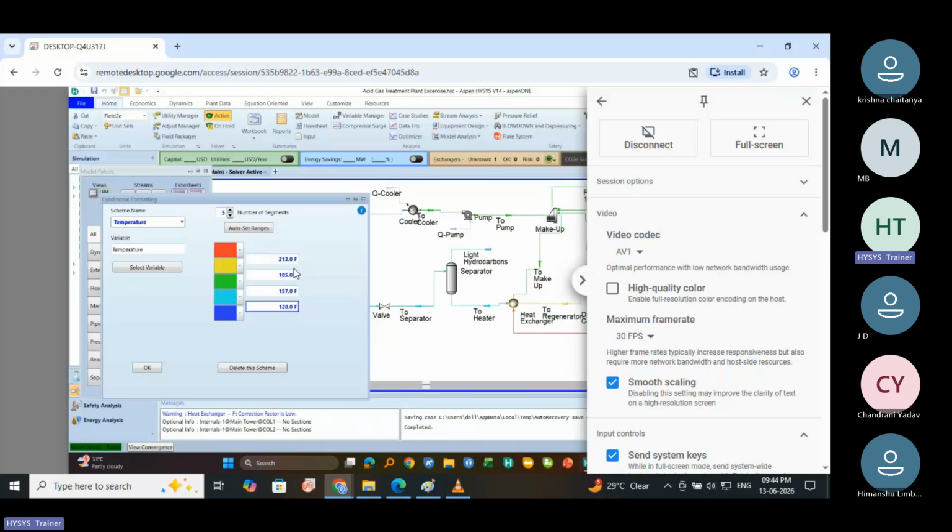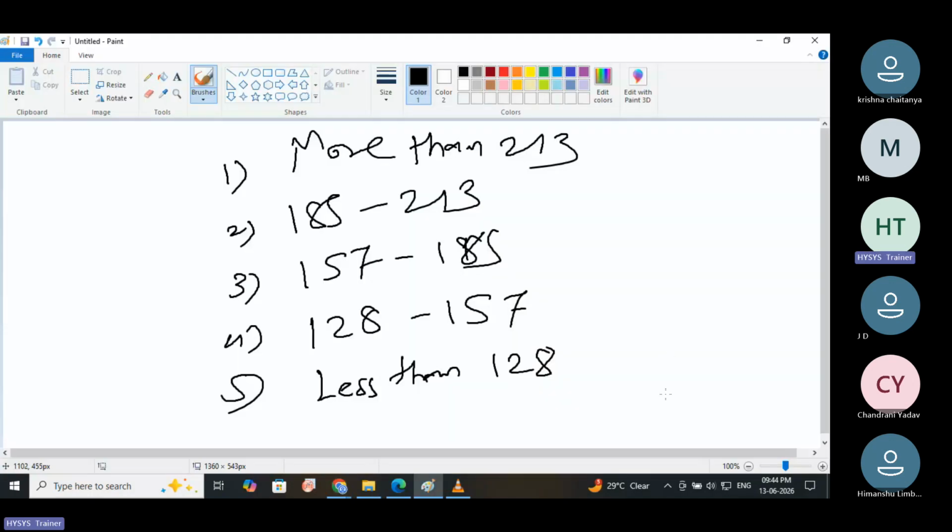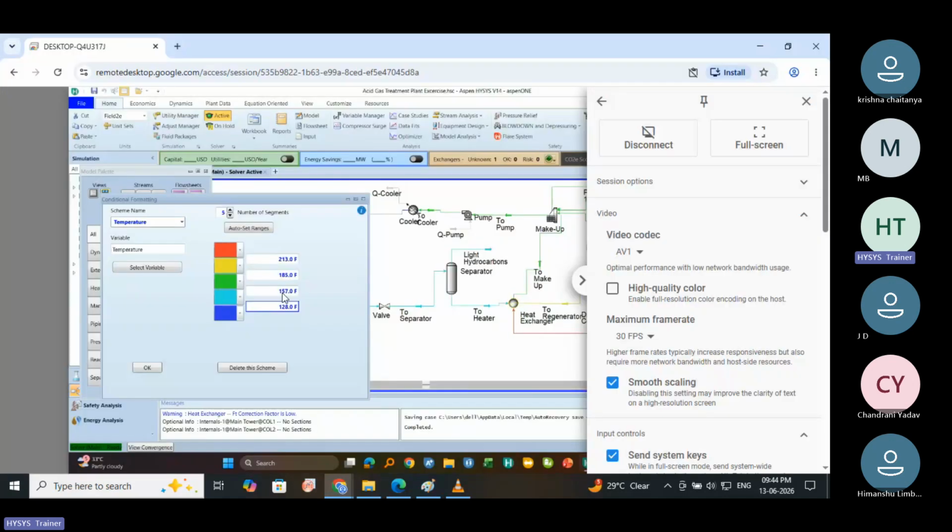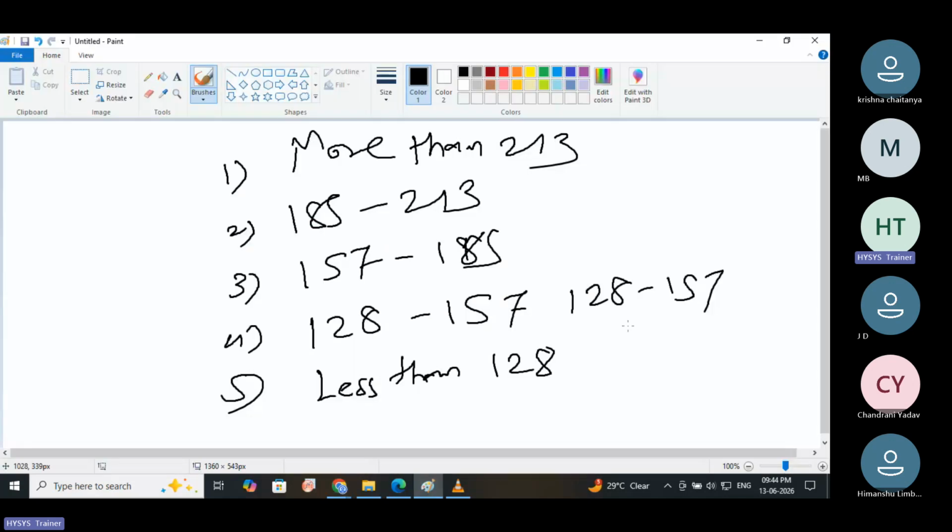Though I have given 5 segments, it asked me to enter the values for 4 ranges only. The first value I entered is 128. The second value is 157, so it understood that the second segment is between 128 to 157. The third value I entered as 185, so the third segment is between 157 to 185.